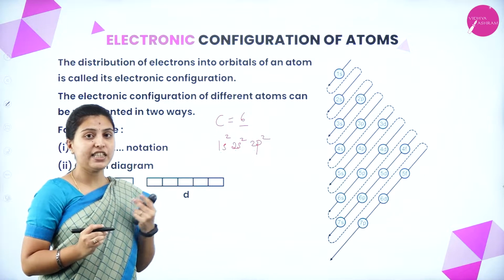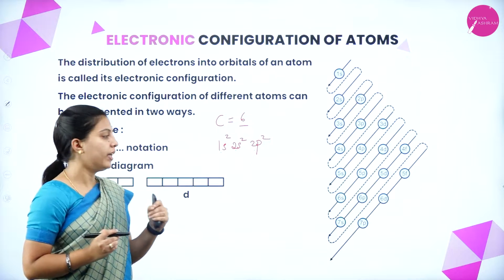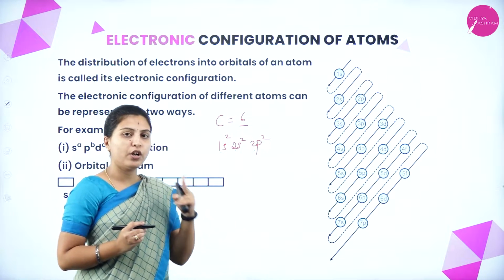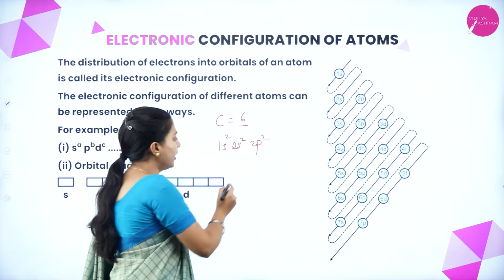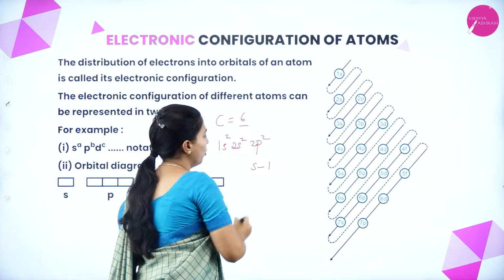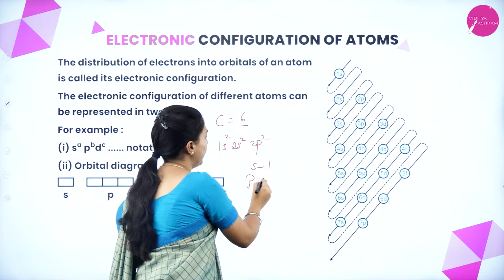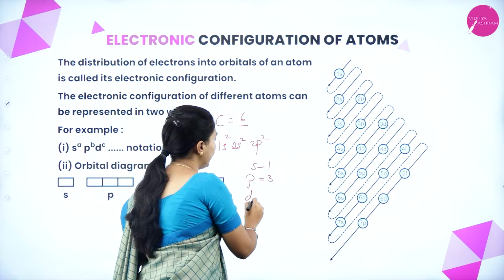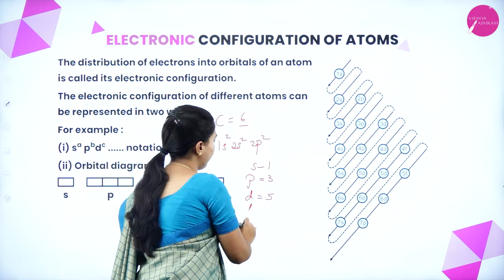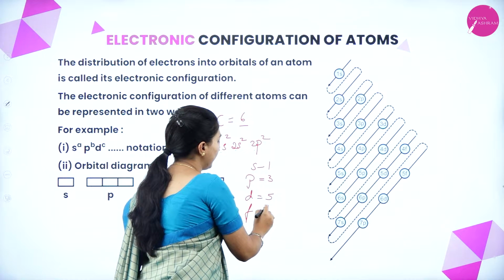Each subshell will have a maximum number of 2 electrons per orbital. We know that S has 1 orbital, P has 3, D has 5, and F has 7.